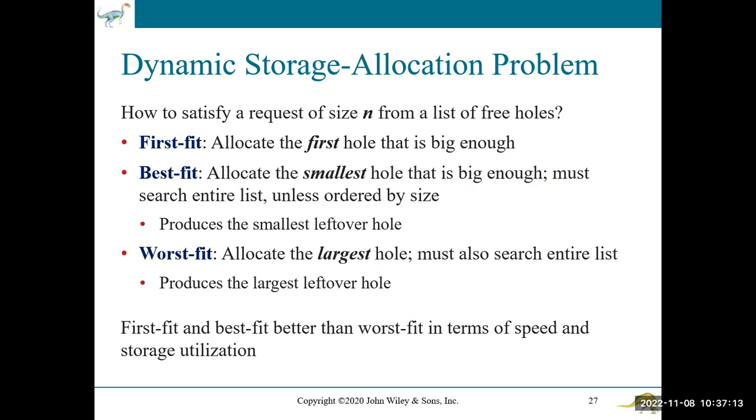There are challenges to partition allocation and page and frame memory allocation. So essentially you have these three scenarios. Let's examine each quickly. How to satisfy a request of size n from a list of free holes.